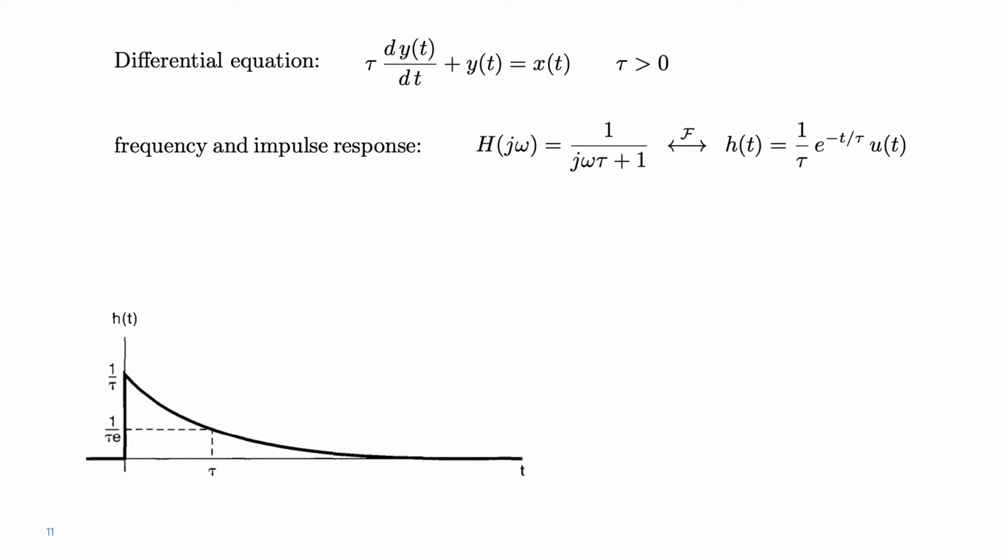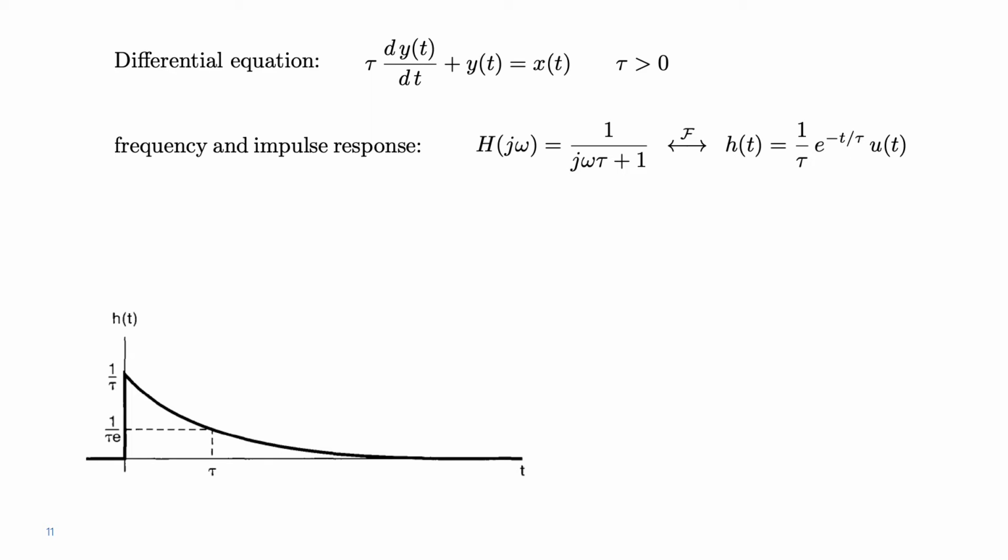So let's take a first order system, which is described by a differential equation tau times the derivative of y of t in dt plus y of t equal x of t, where tau is a positive number. We can easily calculate the frequency and then the impulse response of such a system. How?